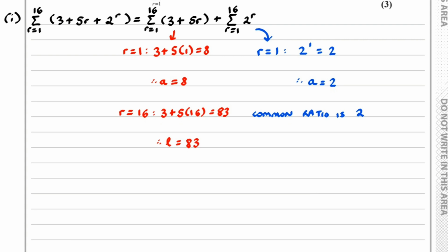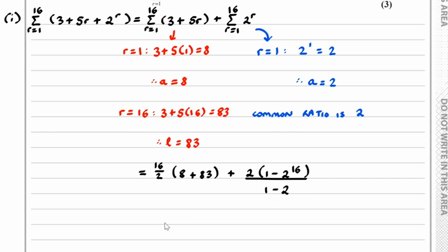And so therefore, using those results which we mentioned, we have n over 2, so we've got 16 terms, so we've got 16 over 2 times by 8 plus 83 plus 2 times by 1 minus 2 to the 16 divided by 1 minus 2.